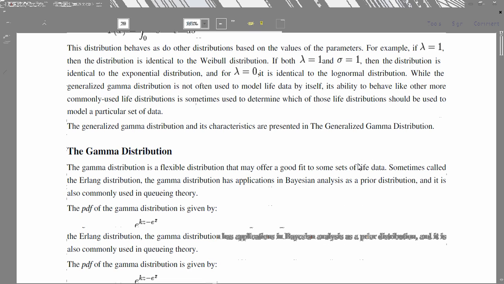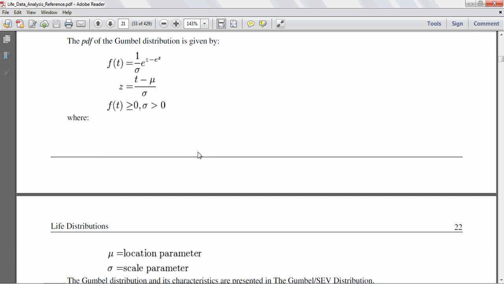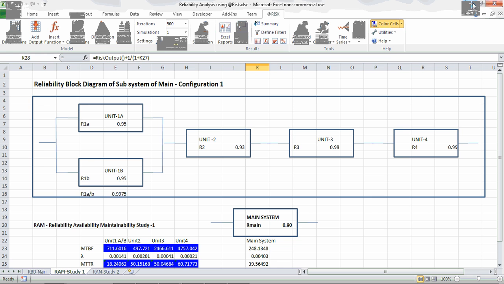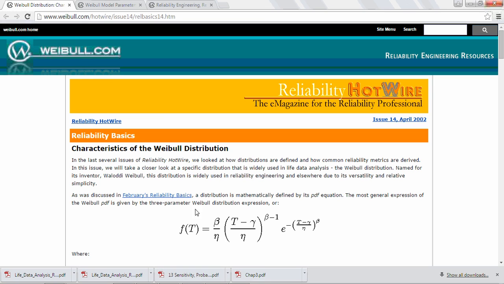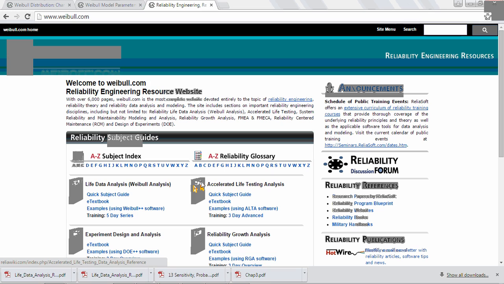All the information is given here, so it gives an understanding of when to use lognormal, when to use Gaussian, and how the probability plots are estimated. And similarly, a lot of resources are available on the internet. We have Weibull.com, Weibull model parameters, and there are reliability engineering resource websites which give detail on selection of the distribution for this analysis.